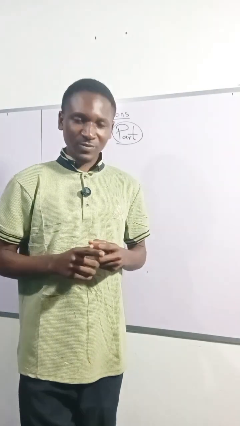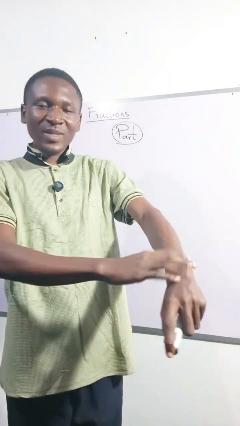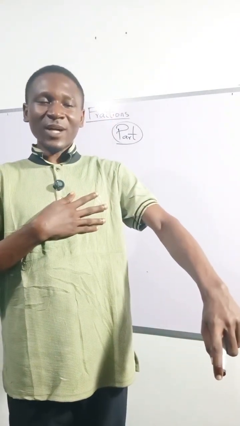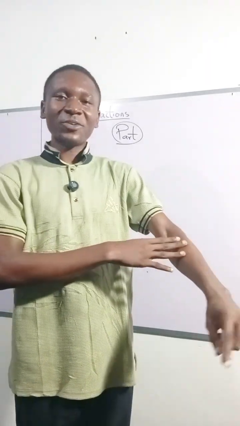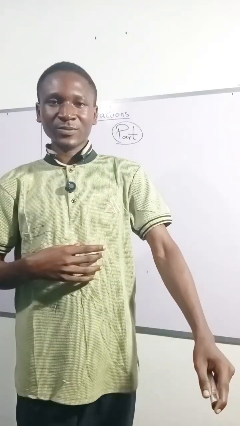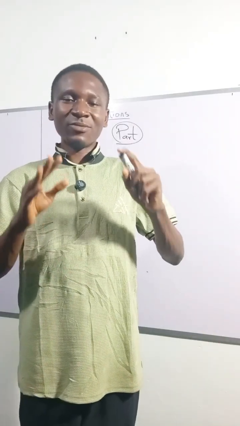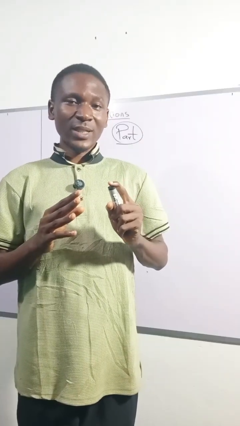For example, this hand is part of my body. You can equally say this hand is a fraction of my body. A part of anything is a fraction of that thing. Are you getting it?